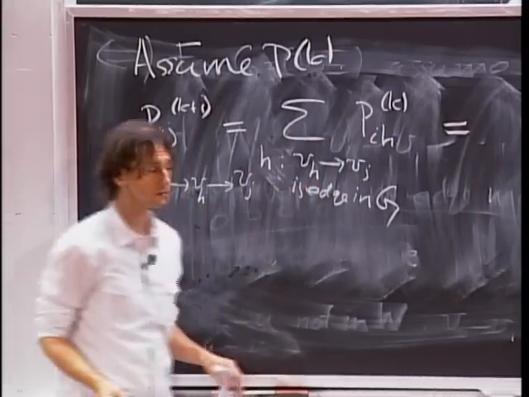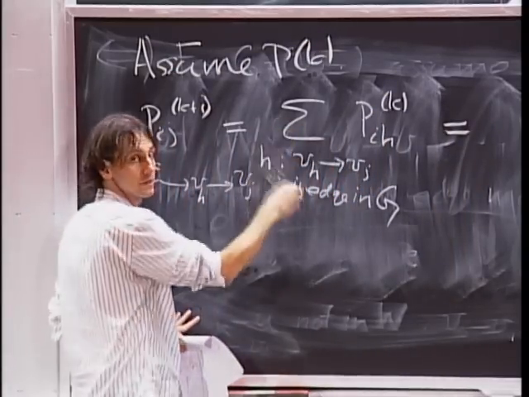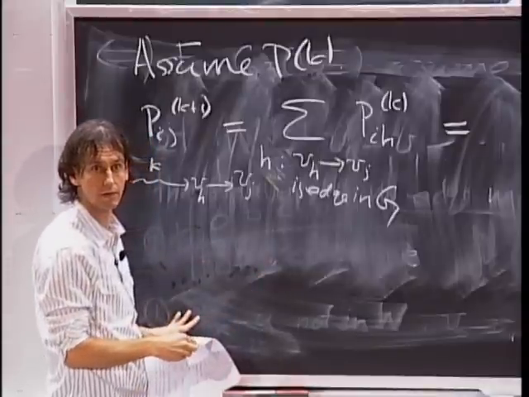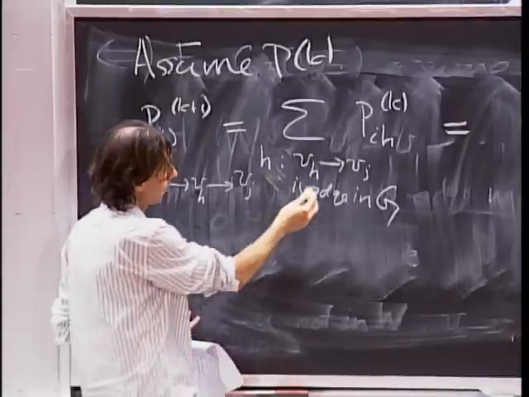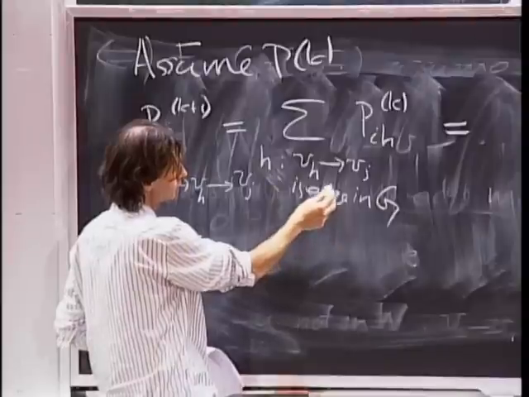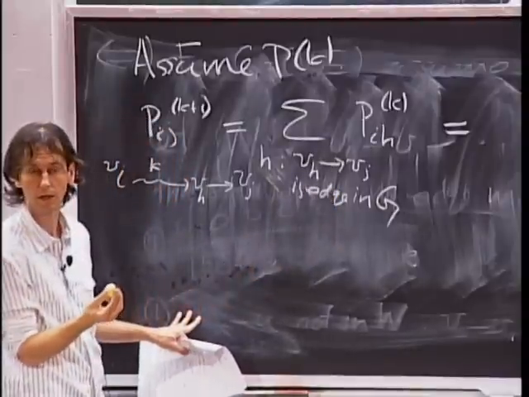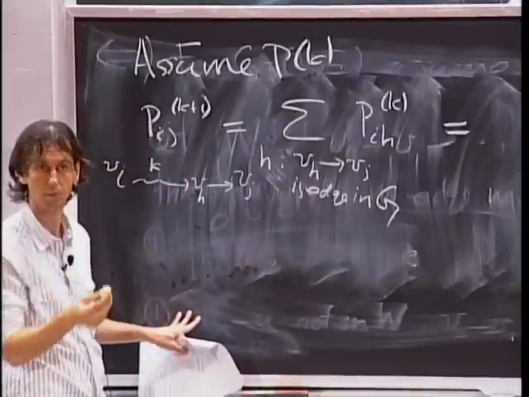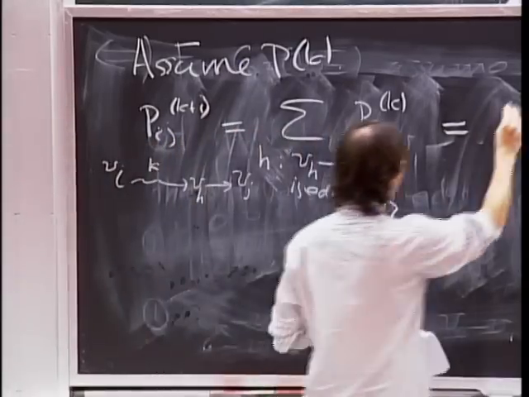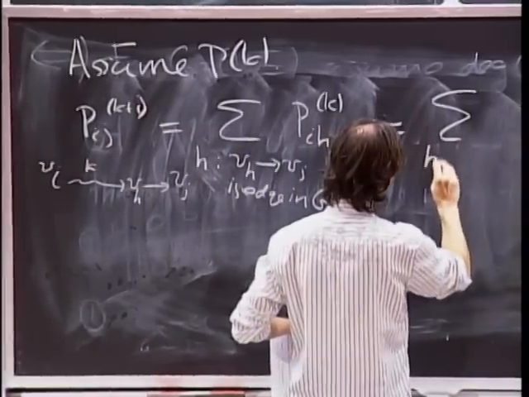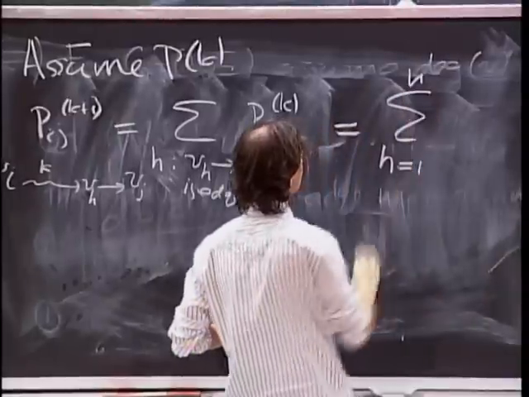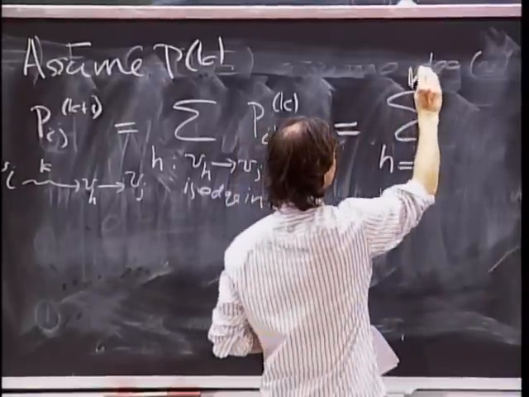So now, what is this equal to? Can we simplify this sum? We can, right? Because we know that there is an edge if and only if the adjacency matrix has a 1 in that particular position. So we could rewrite it and sum over all h from 1 to n.